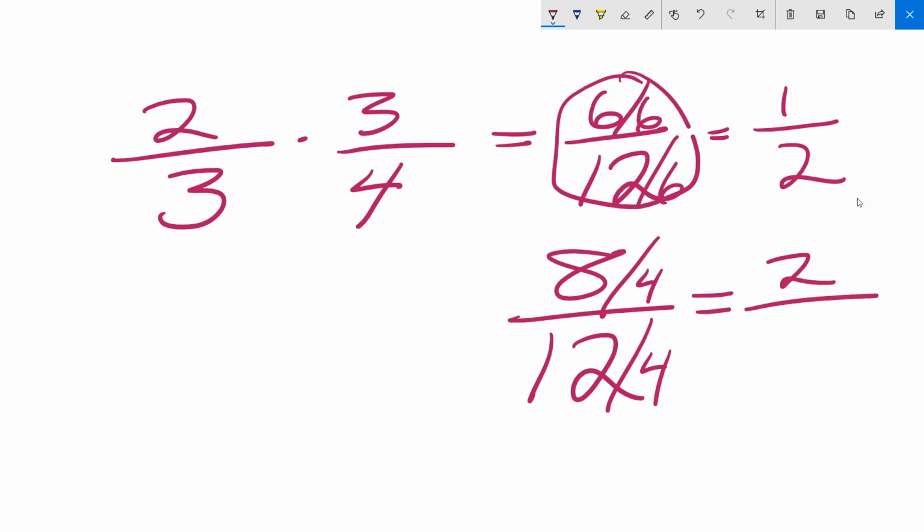What's the denominator? 3. 2/3. You got it. It's as simple as that. So multiplying fractions is much, much easier than adding fractions. And guess what? Dividing fractions is also easier.